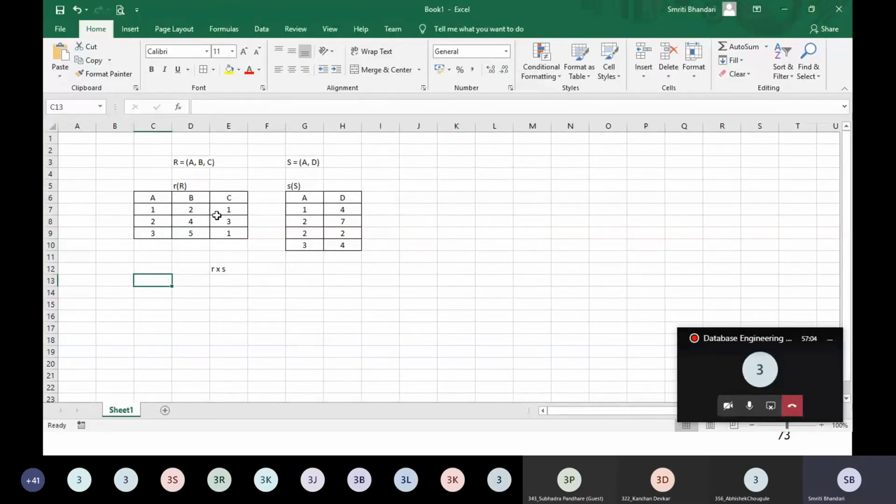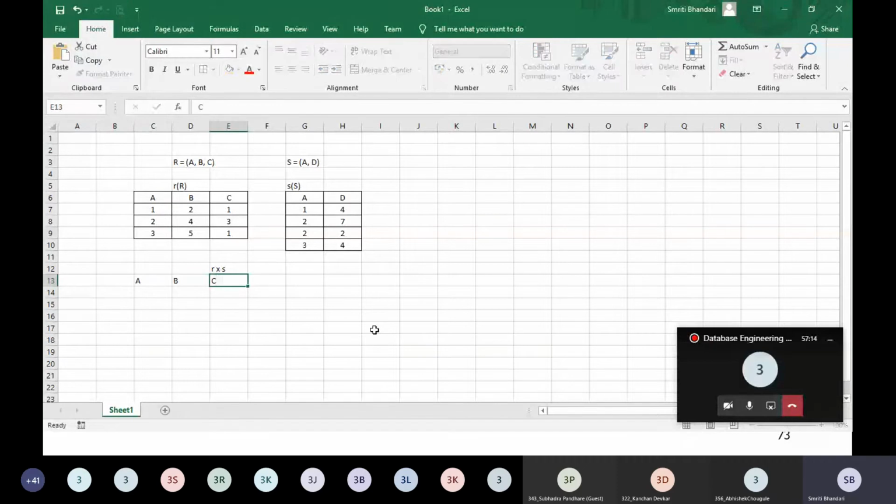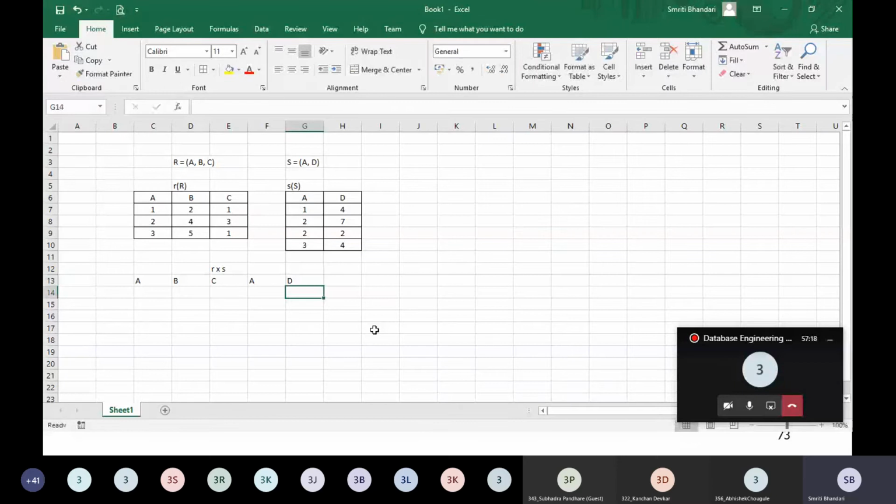So if we are having these two relations R and S, the attributes of R cross S would be A, B, C, A, D. Correct?